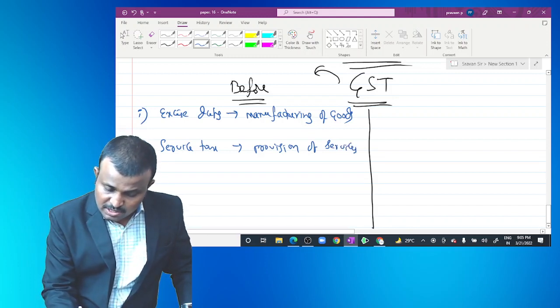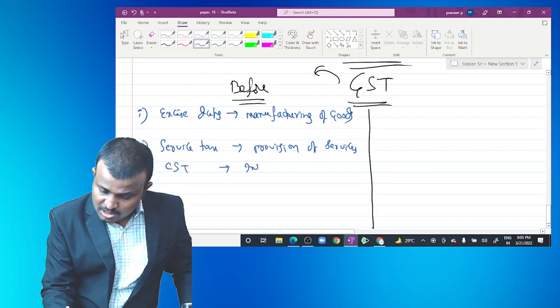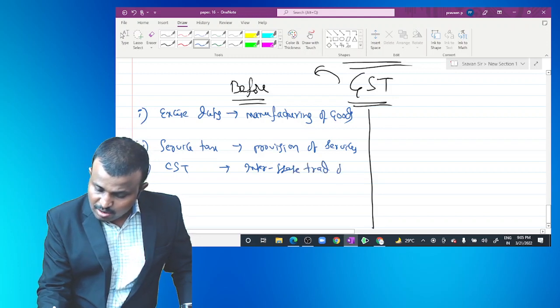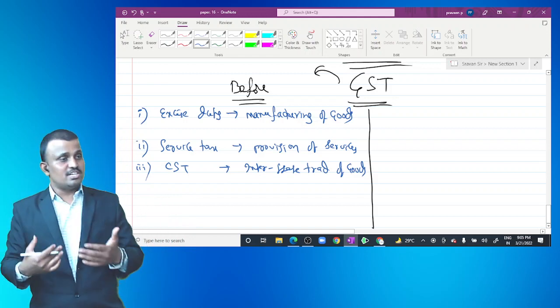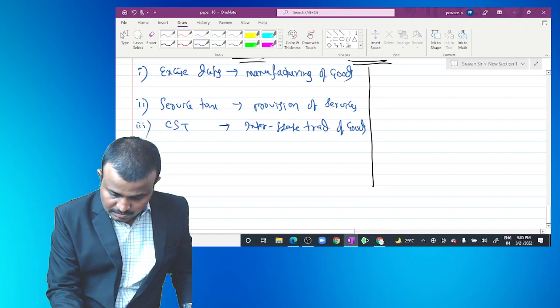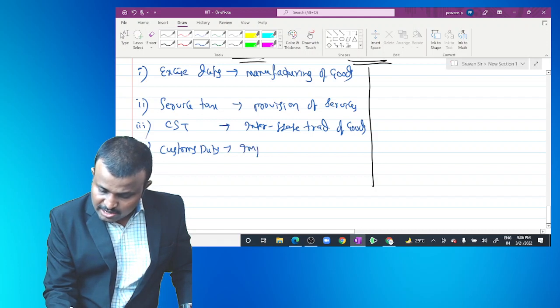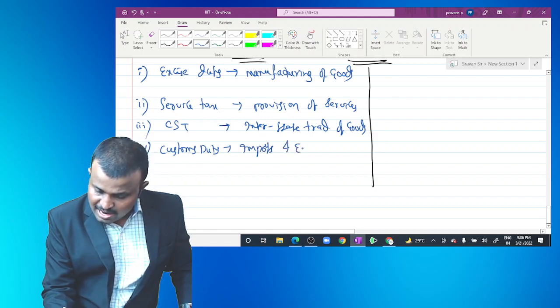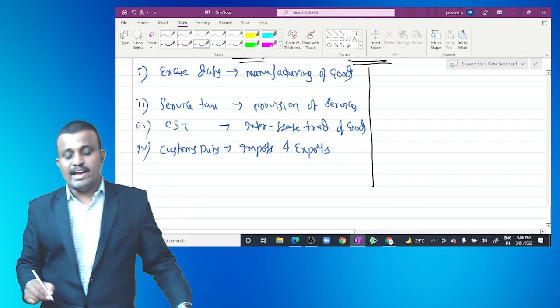And the third one is CST, which is levied based on interstate trading of goods, if the goods are traded between the states, from one state to another state. In case of customs duty, it is levied on imports and exports of the goods.